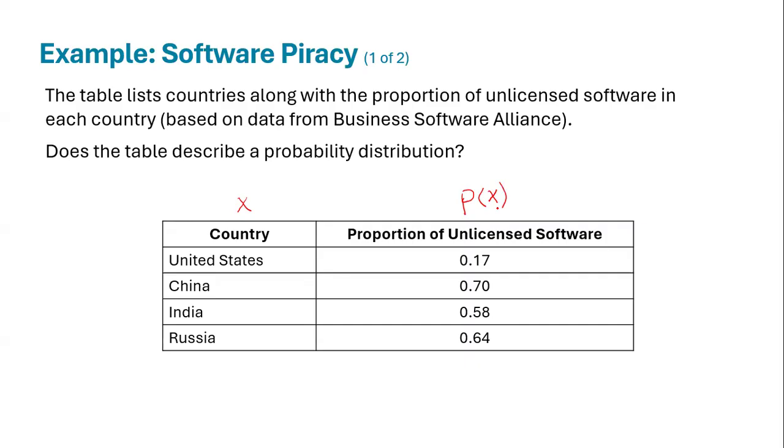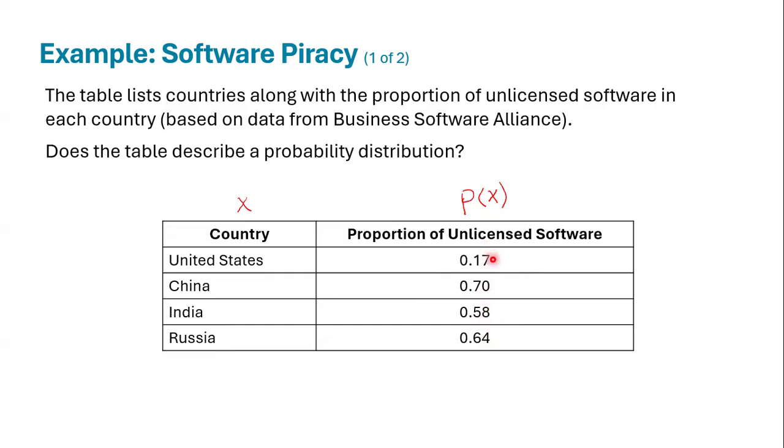The second requirement tells me that each probability must be a number between 0 and 1, and as you see, they are. And the third requirement says that the sum of all these probabilities must be equal to 1. And if we add all these numbers, we see 64 plus 58, it's already more than 1.